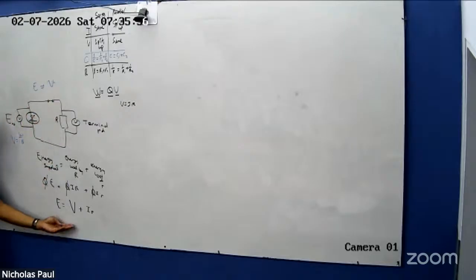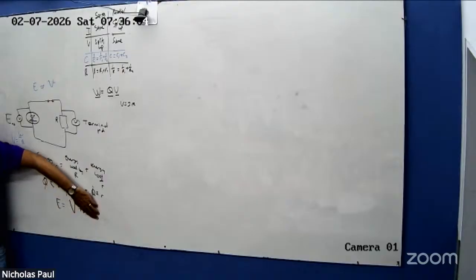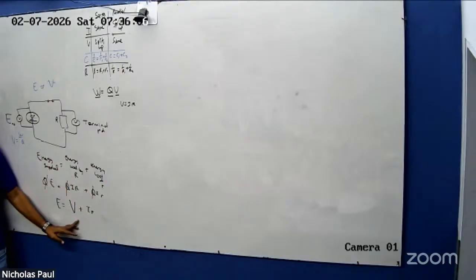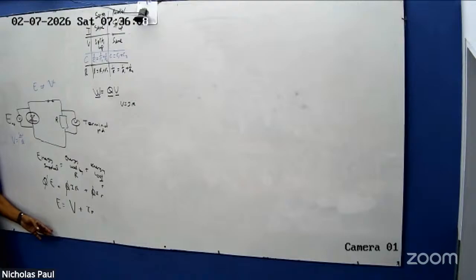Looking at this relationship, if I becomes zero, E is V. So your terminal PD becomes the EMF when the circuit is open. That's okay? You can write it down now, because you might never read it in the notes.